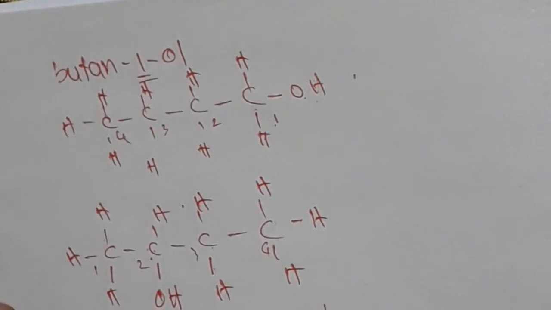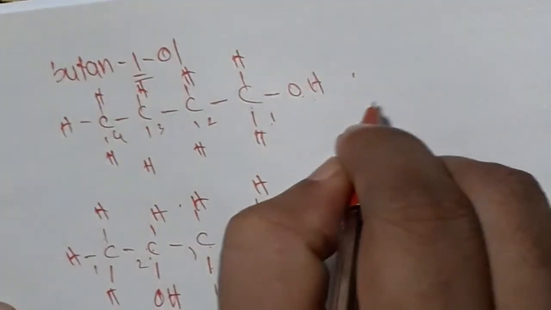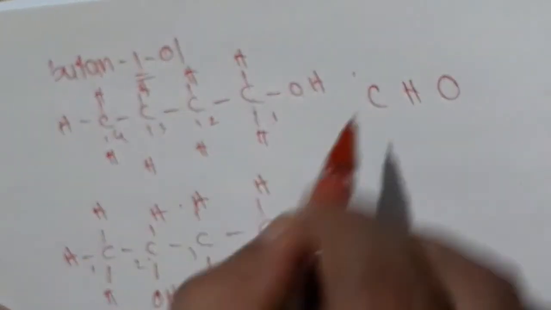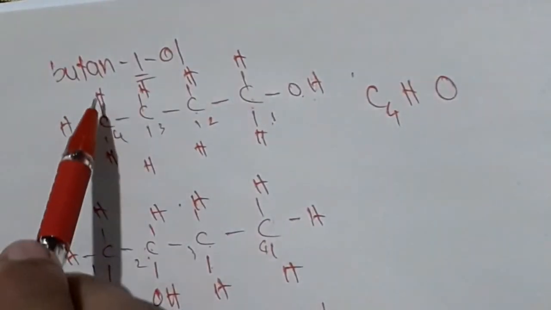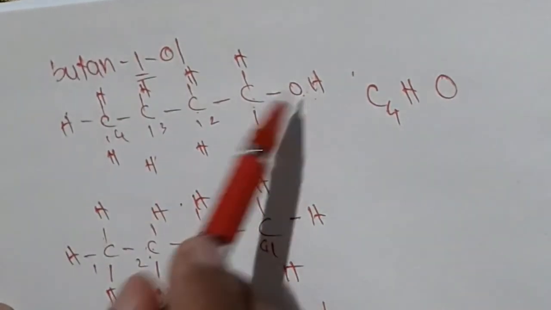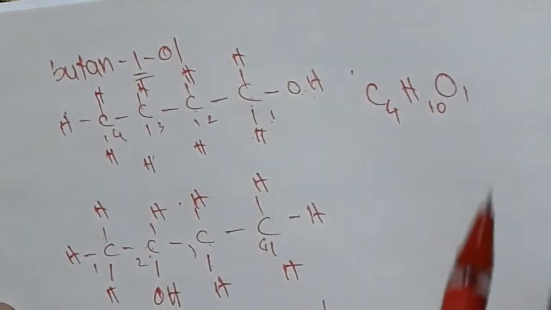Name of this alcohol: butane 2-ol. How do you know these are isomers? You just count the number of carbon, hydrogen, oxygen. 1, 2, 3, 4: 4 carbon. Hydrogen 1, 2, 3, 4, 5, 6, 7, 8, 9, 10: 10 hydrogen, 1 oxygen. Only 1 oxygen.